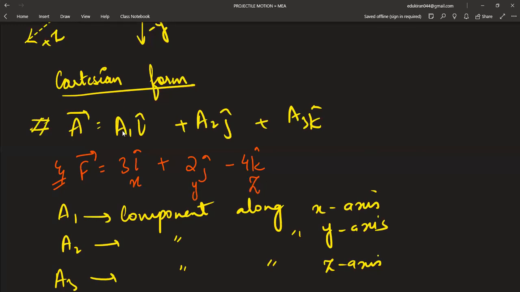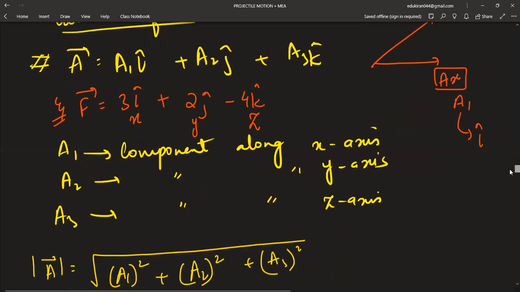So A1 becomes the coefficient of I cap, which we call the component along x-axis. So let's say the real vector was A, but its component along the x-axis is something which is A1. And since this is along positive x-axis, we are using the term I cap. So that's why this is A1 I cap. Similarly, A2 is the component along y-axis and A3 is the component along z-axis.